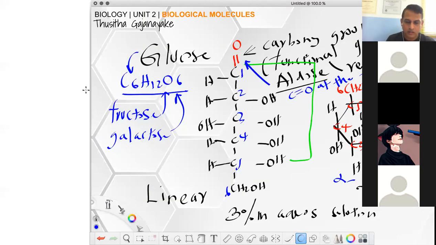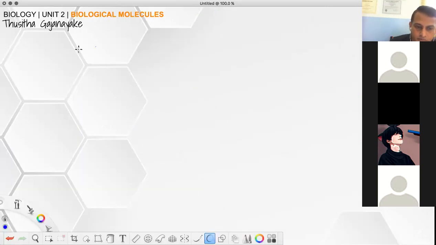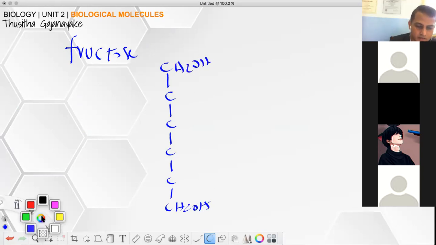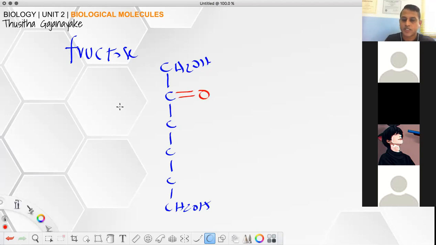Here is carbon number 1, 2, 3, 4, 5 and 6. Look here, in the fructose molecule, the carbonyl group, the functional group, is here.